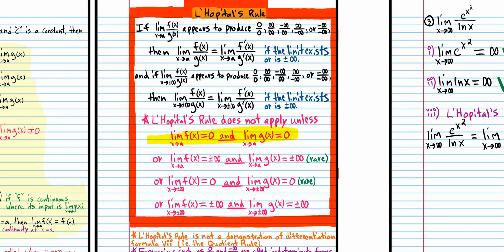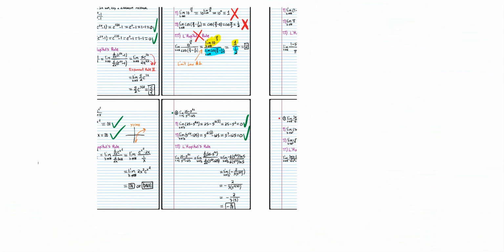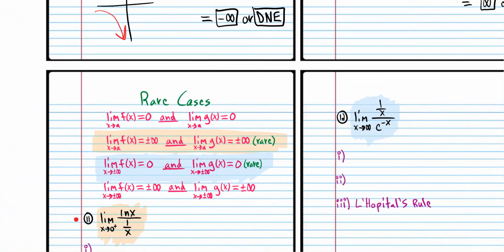We have this scenario here, this one, and this one. But in all the problems that we've done so far, we've only dealt with this scenario and this scenario. So we're going to look at those over here.